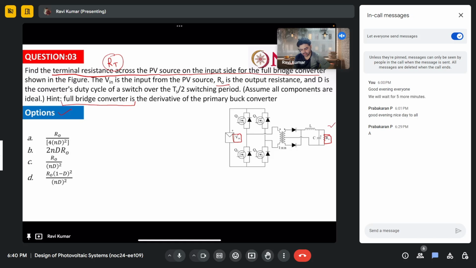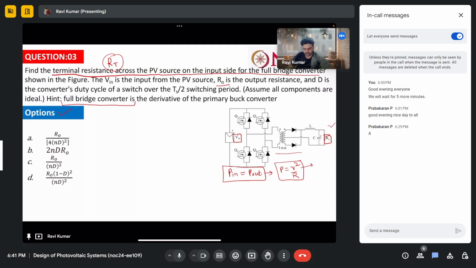Just understand one thing, very simple things to do this kind of question. The power on the input side will always be equal to the power on the output side. And this power you can write in terms of P equals V square by R. And for the V ratio you can use the direct formula for this converter, which you can get by solving the equations, like the derivation we did for the buck and boost as well.